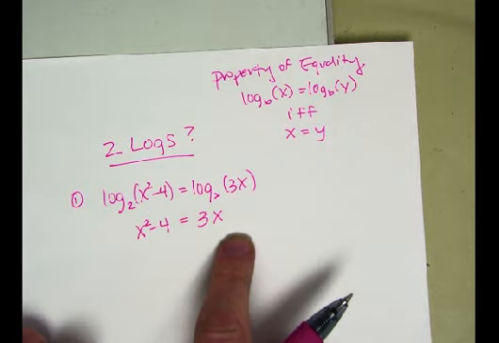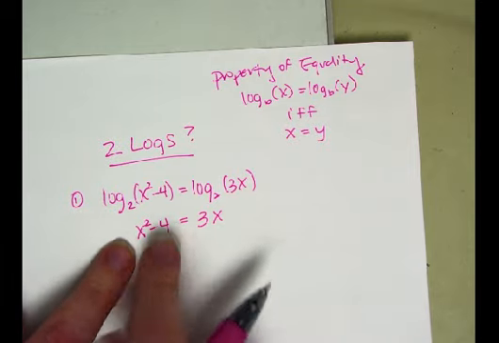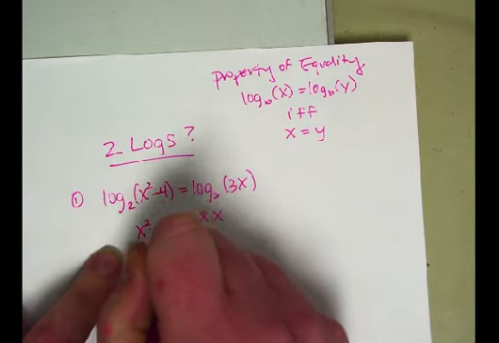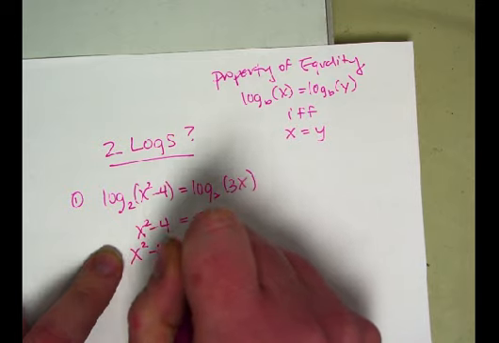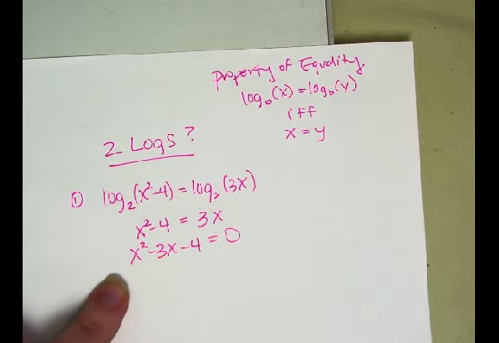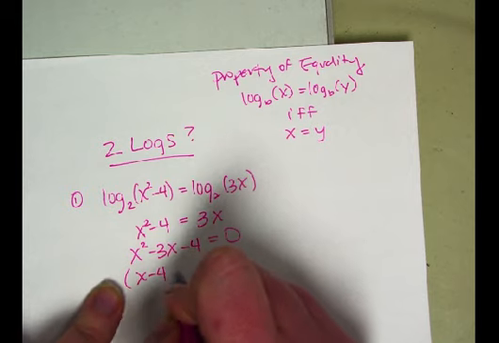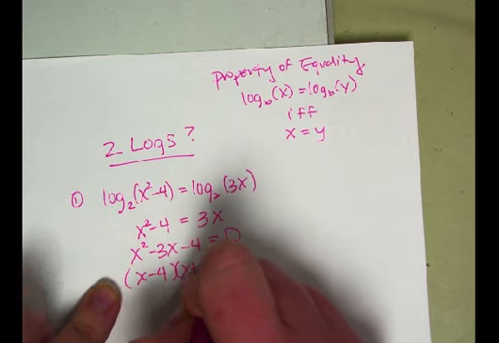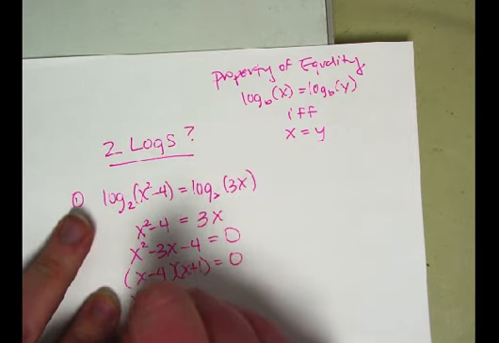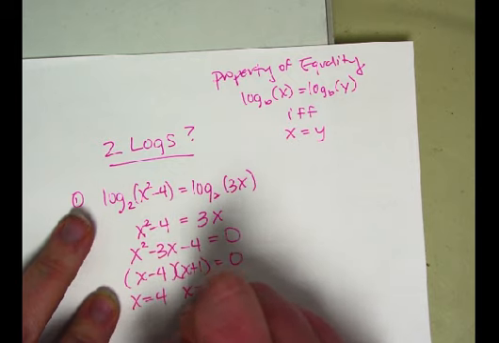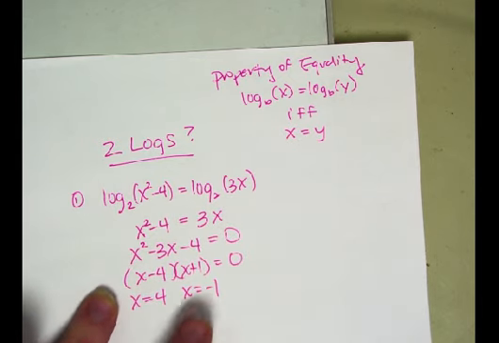So now it's just a quadratic that we can solve. We would subtract 3x, and we're going to put it in between the quadratic and linear term. You can solve with whatever method you want: completing the square, quadratic formula, factoring, x minus 4 and x plus 1. So we solve and we get x equals 4 and negative 1.